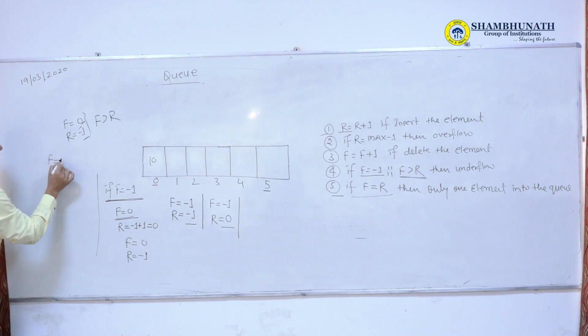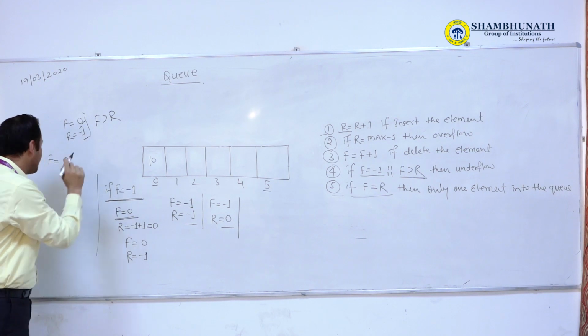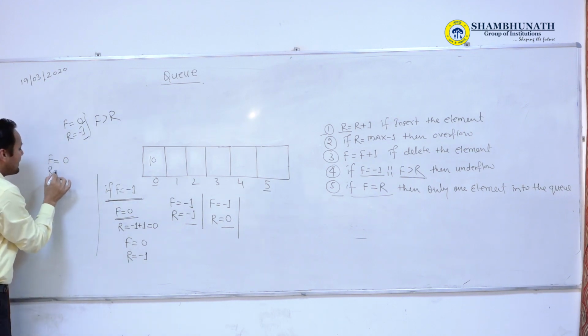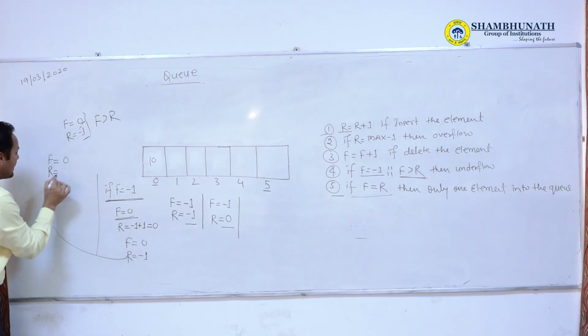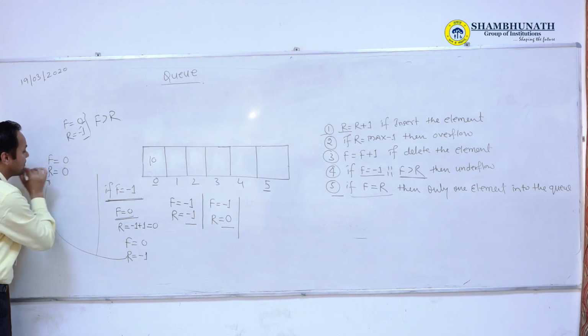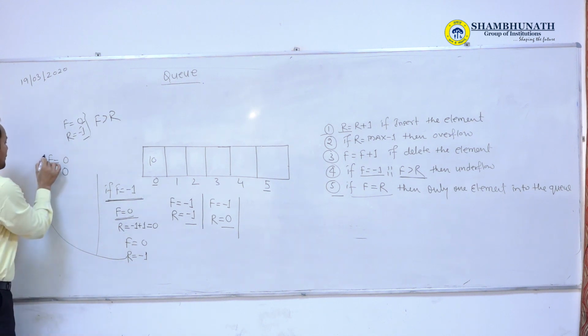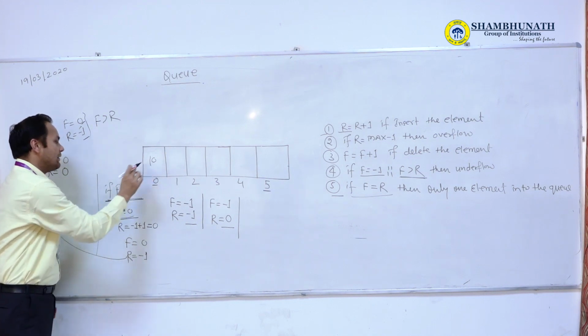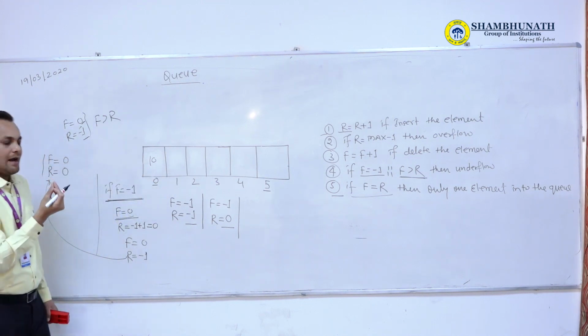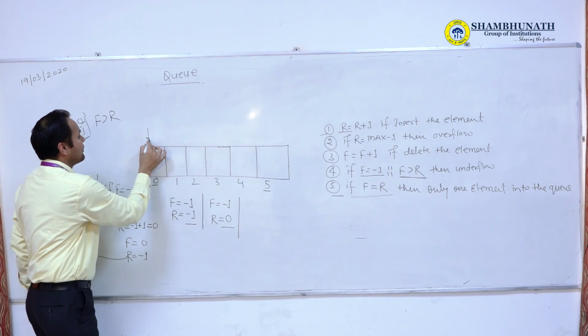Front is already at index number 0. Inserting the element 10, then R will increase by +1, from -1 to 0, and index number 0 is here. So when the first element is inserted into the queue, front and rear are at the equal position.